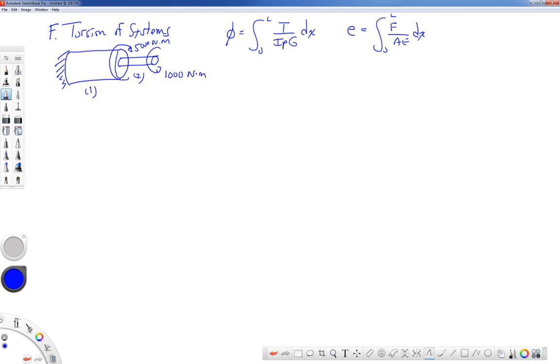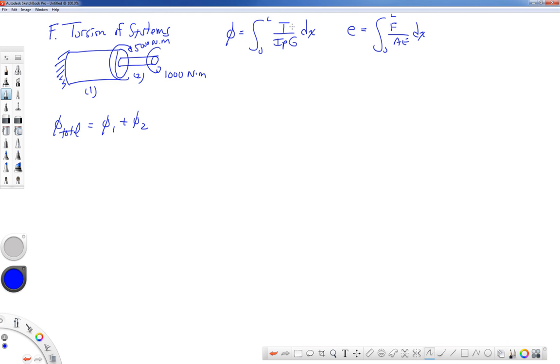Just like we have positive and negative signs for the deformation e, we can have positive and negative signs for the angular deformation phi. If we have a system of bars like this, the total deformation for materials in series would be equal to the addition of the individual deformations, so phi 1 plus phi 2.